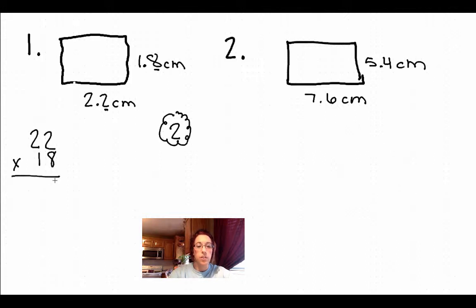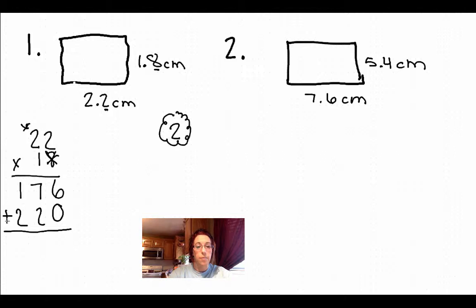So 8 times 2 is 16. 8 times 2 is 16 plus 1 is 17. Second row always starts with a 0. 1 times 2 is 2, and 1 times 2 is 2.